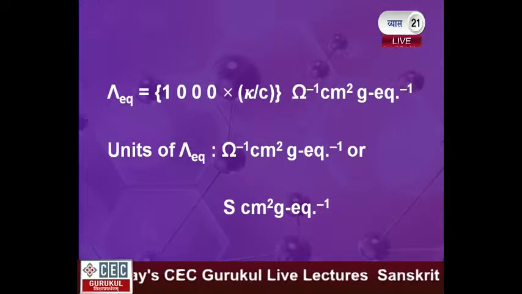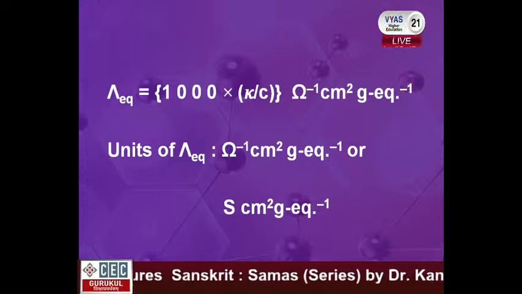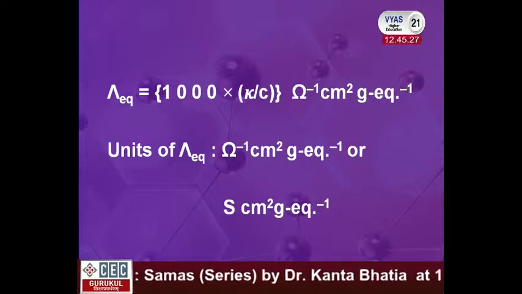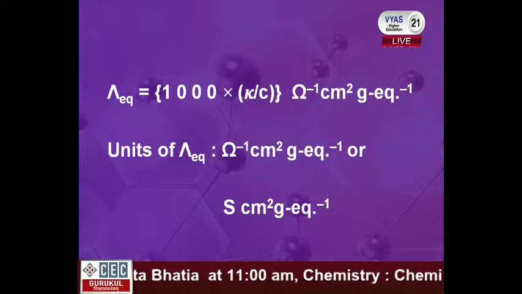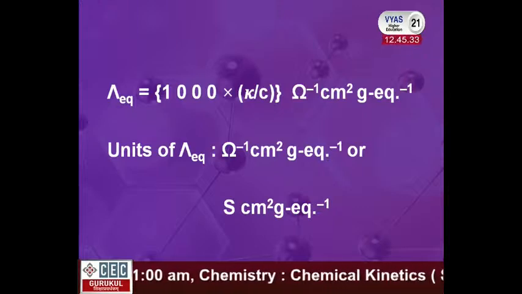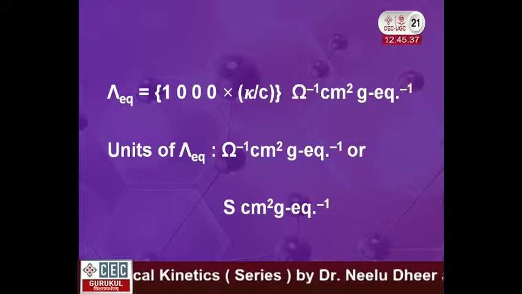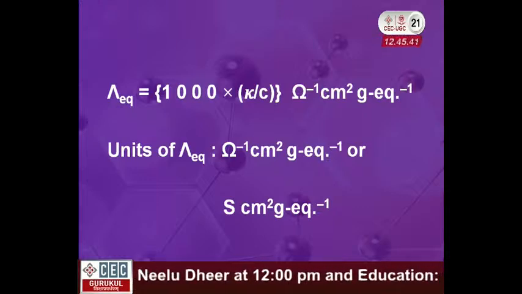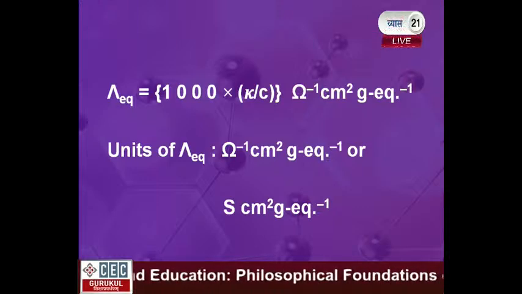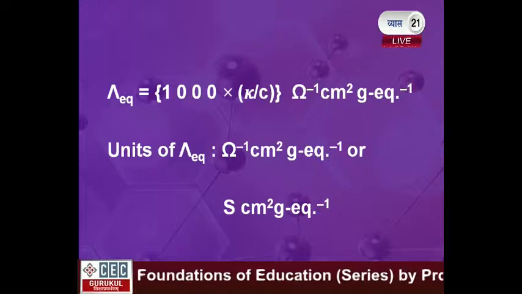in the numerator. So, we get lambda equivalent is equal to 1000 kappa by C, and units of lambda equivalent now are ohm inverse centimeter square gram equivalent inverse, and units of C which we have to substitute in this equation will be gram equivalent decimeter cube. 1000 factor is taking care of the conversion factor.